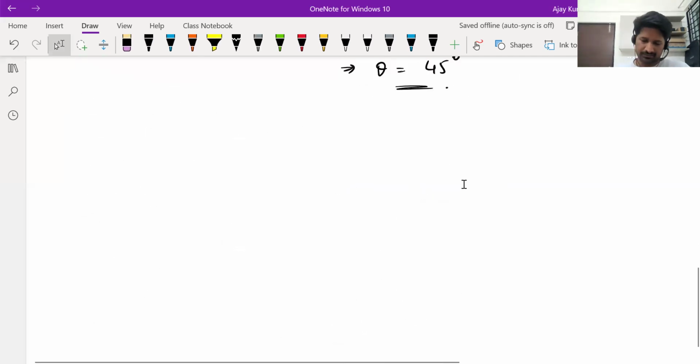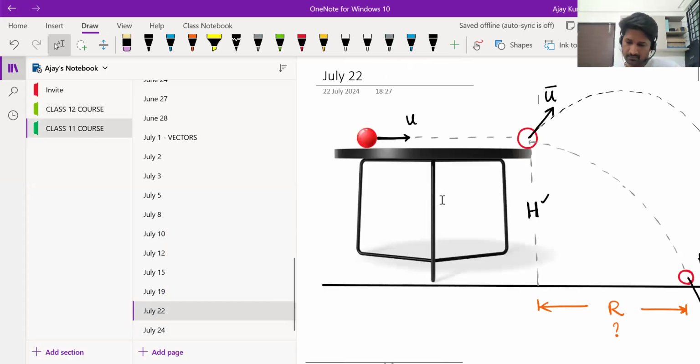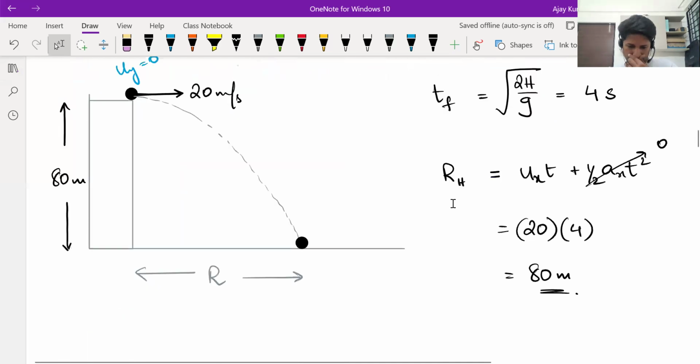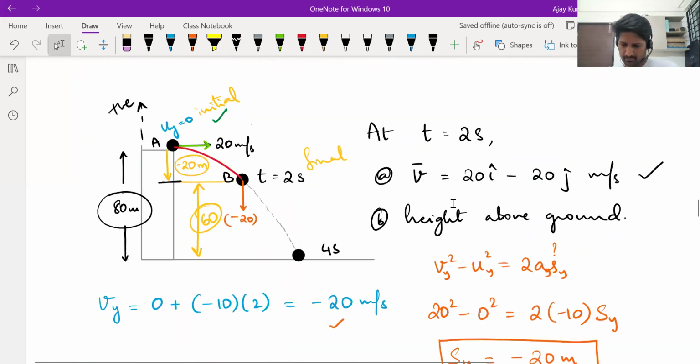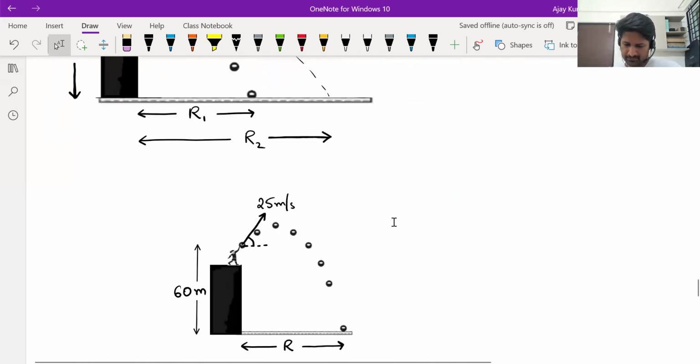What I mean is, suppose an object, okay, just a moment, I'll copy one diagram. Okay, let's consider this case.